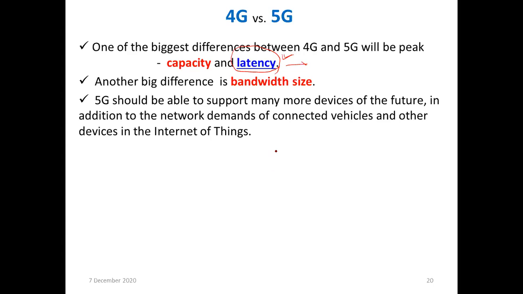Similarly, to control a robot or a drone or an aircraft or a car, you should have a very low latency in the network. Latency of the order of 10 milliseconds. Usually we may achieve 2 milliseconds in 5G.